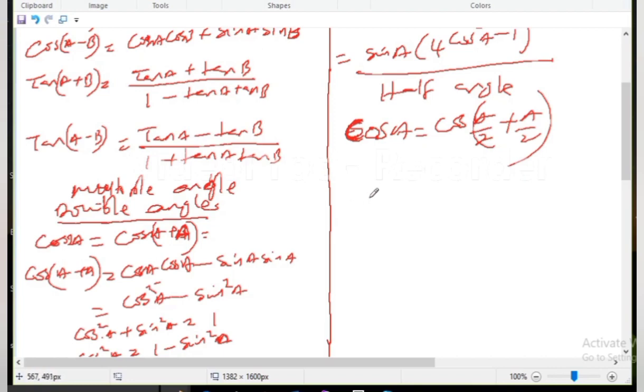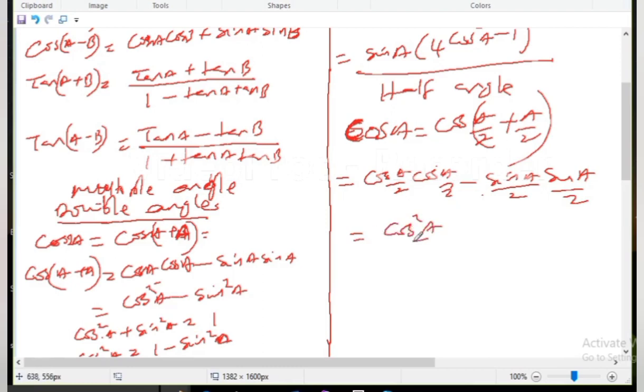Expansion of this will give you cos A over 2 cos A over 2 minus sine A over 2 sine A over 2. So your answer is going to be cos squared A over 2 minus sine squared A over 2.